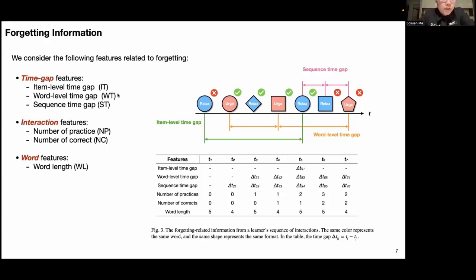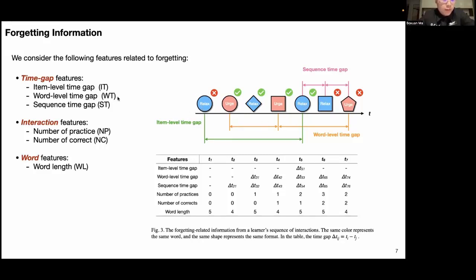For time gap features, we have item level time gap, which means the lag time between the current practice and the previous practice with exactly the same word.